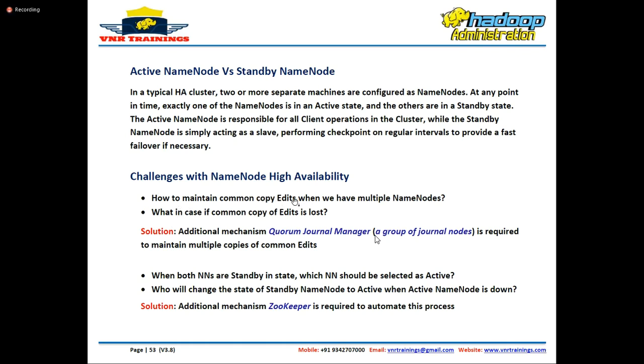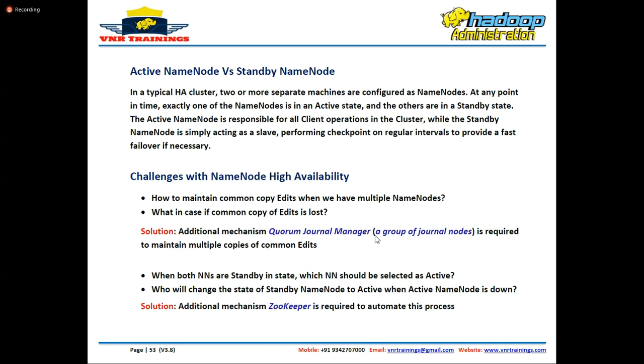So if you have two name nodes, how do you maintain the common copy of edits? And what if the common copy is down? To answer these two points, we have the Quorum Journal Manager, where you will have a minimum of three journal nodes, and your common edits will be maintained in multiple places, so that even if one place is gone, you still have edits from two different places.